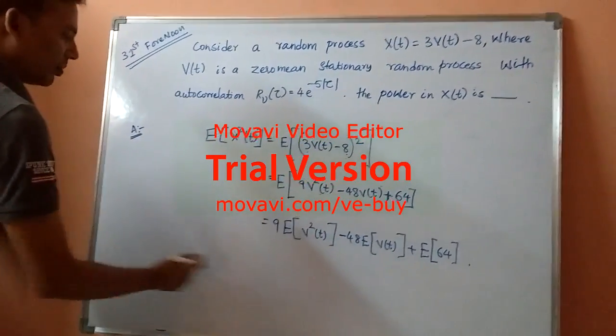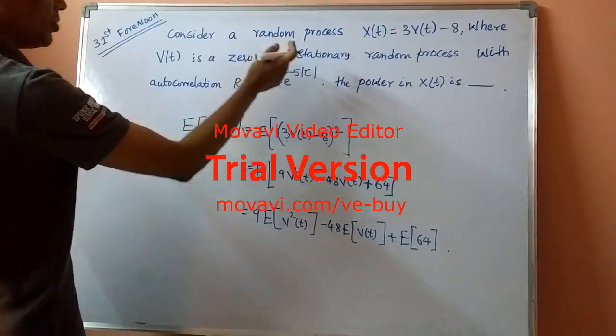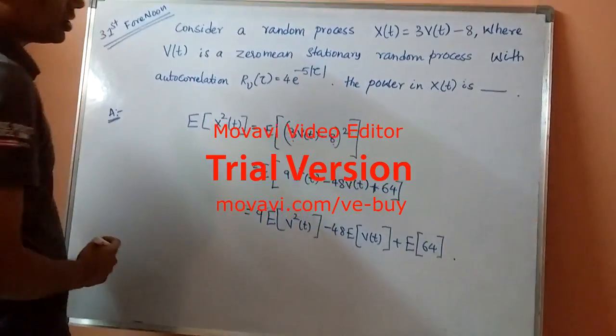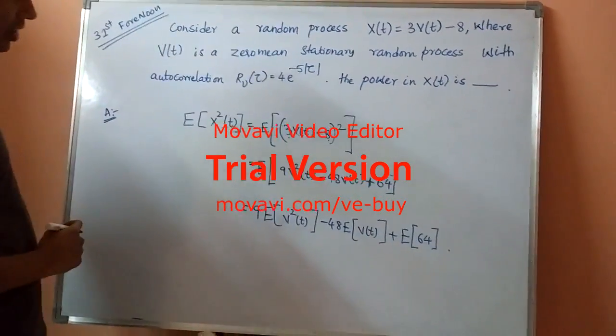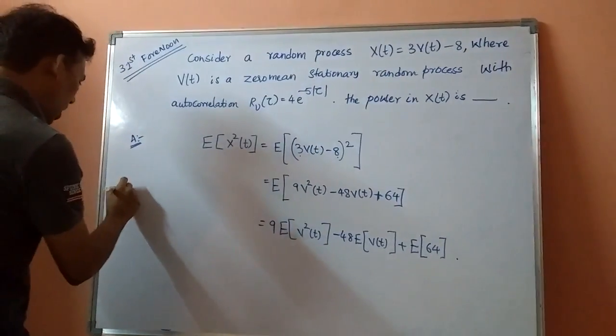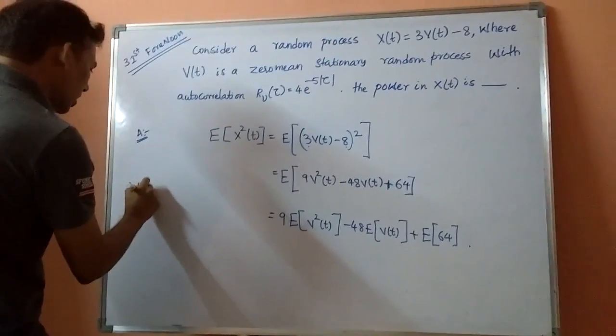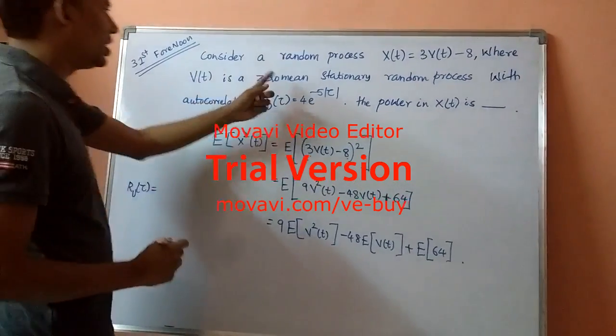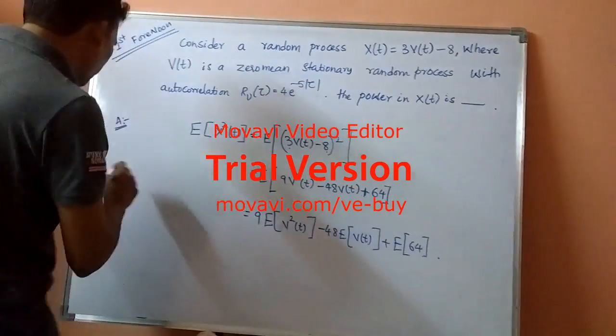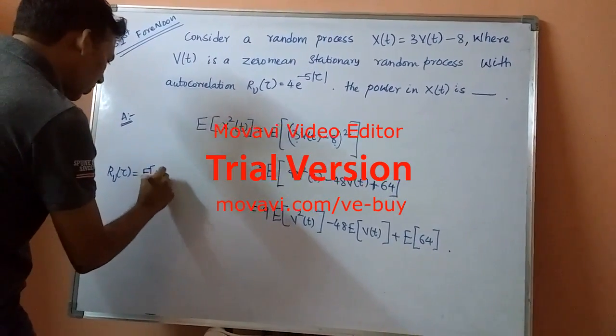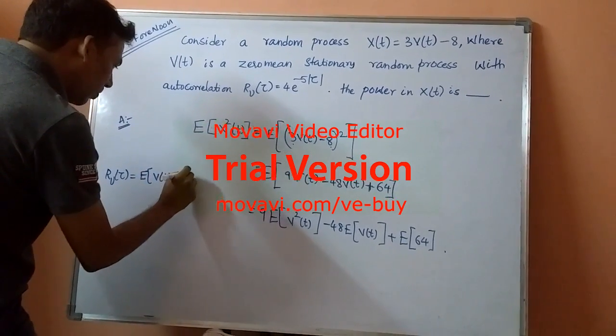Now the expectation of v square of t, the mean square value of the random process v of t, is nothing but the power present in v of t. We know the autocorrelation function Rv of tau, since it is a zero mean stationary random process, is the expectation of v of t into v of t plus tau.